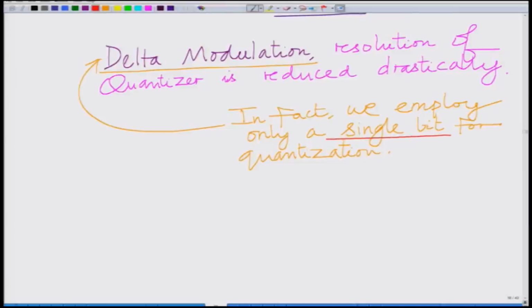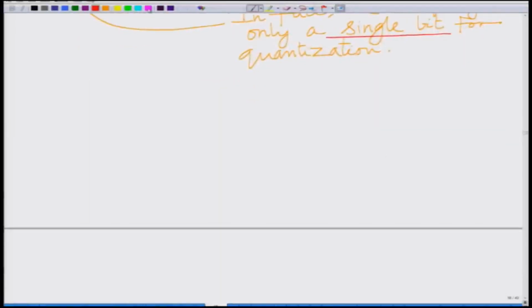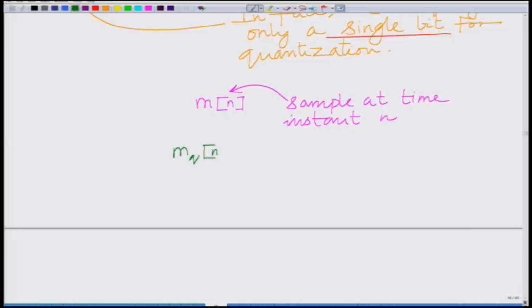Okay. Now, how do we do it in delta modulation? Let us start with M[n], we know M[n], the sample at time instant n. Now, let MQ[n-1] be the approximation. Now, we are going to show how we derive this MQ[n-1].